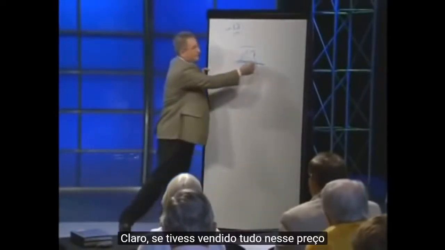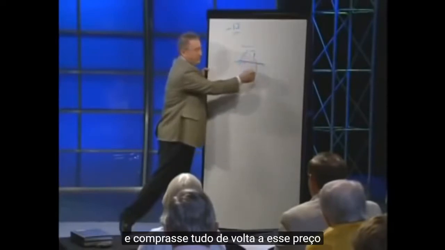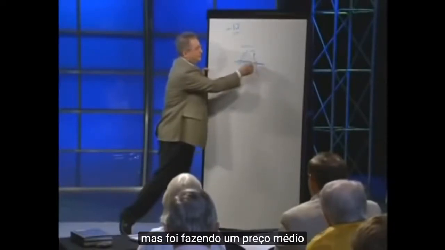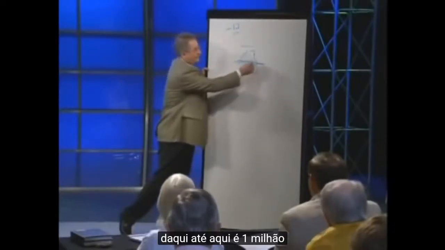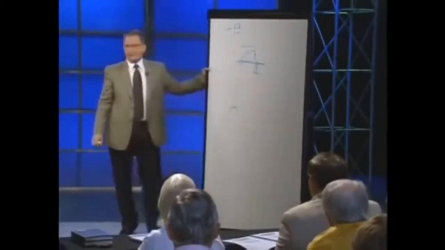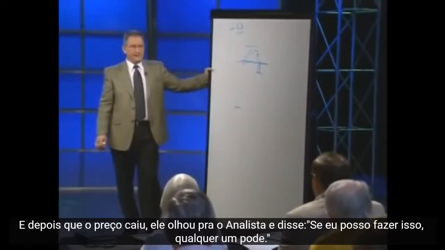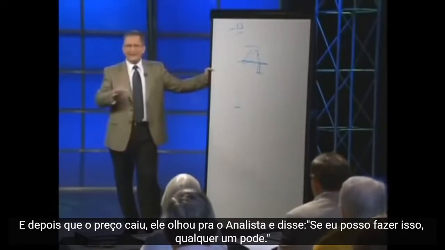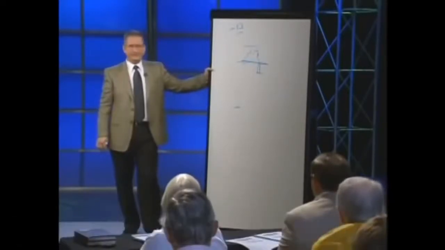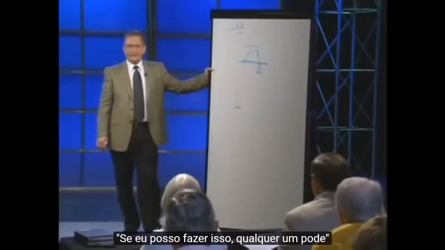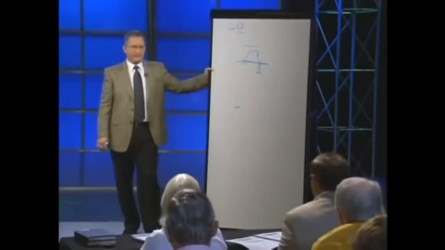Of course, if he'd sold all of them at this price and bought them all back at this price, there was an average price down. But from here to here is $1 million on 2,000 contracts. And then after the price dropped, he looked at him and said, hey, if I can do that, anybody can do that.